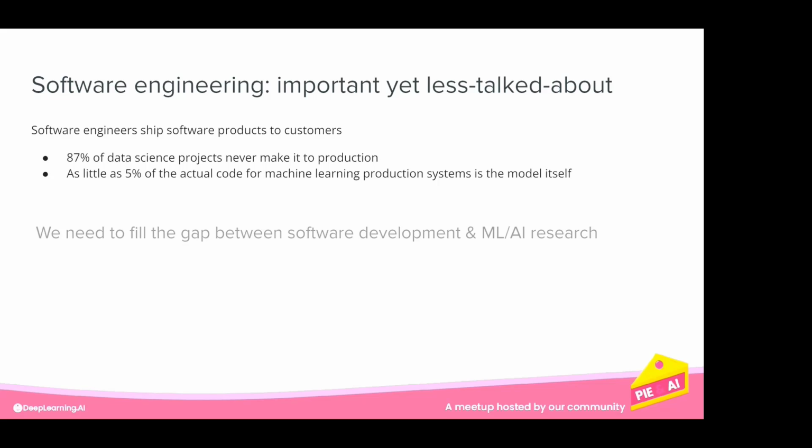Most of the code is web service, user interface, and even infrastructure code. So we as software engineers are here to fill the gap between the final product and AI machine learning research.